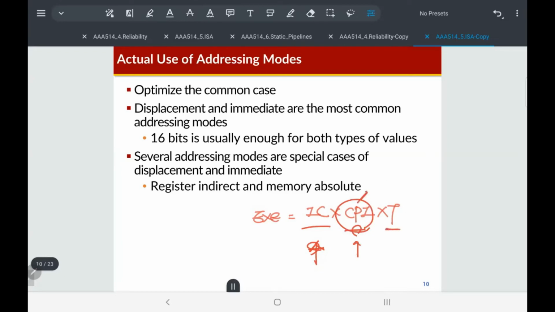Also, if the hardware is getting more complex, then the delay of the critical path can also increase, so it's not good for the performance. If the hardware is simpler, then we can reduce the clock period, which means that we can increase the clock frequency.